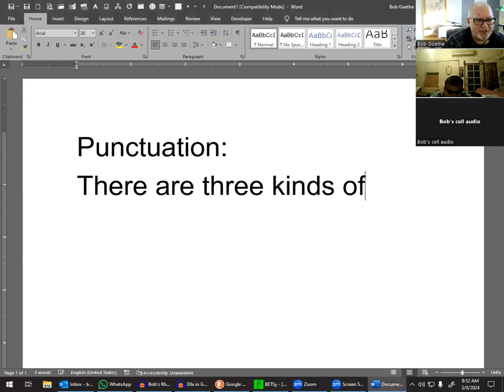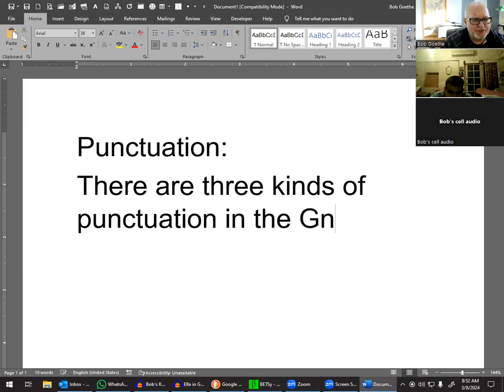There are 3 kinds of punctuation in the Greek New Testament.